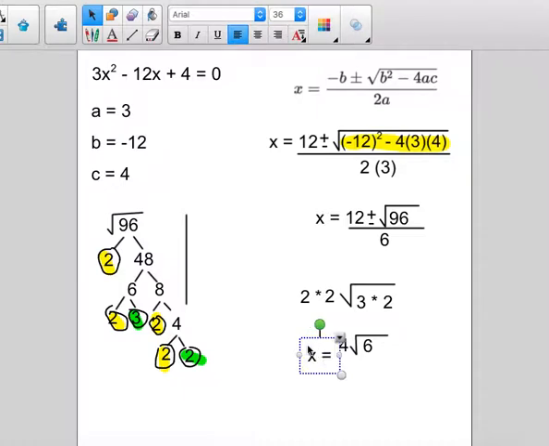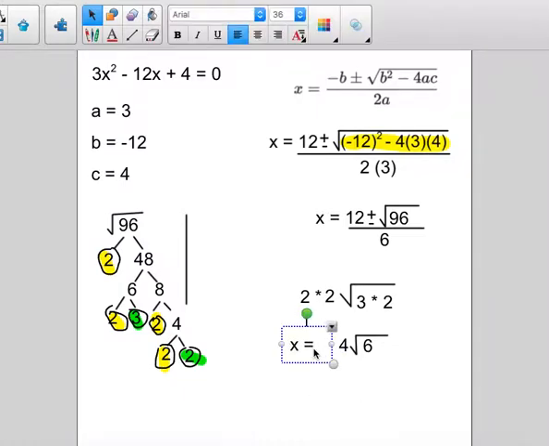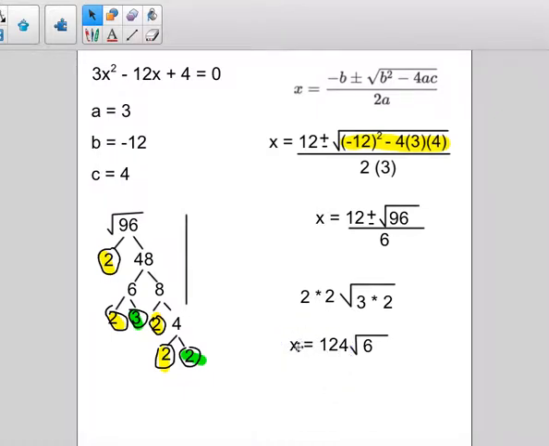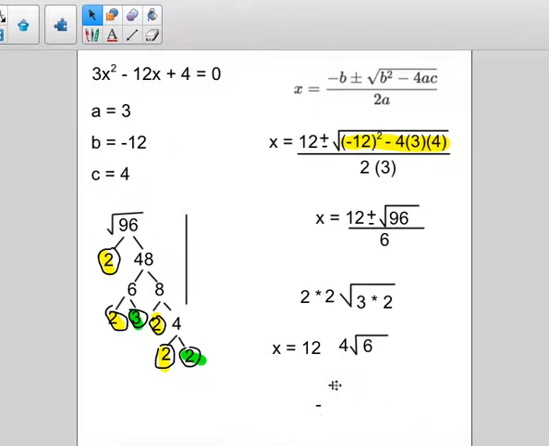So we've got x equals 12 plus or minus 4 radical 6, all over 6. Lots of formatting to make this readable.